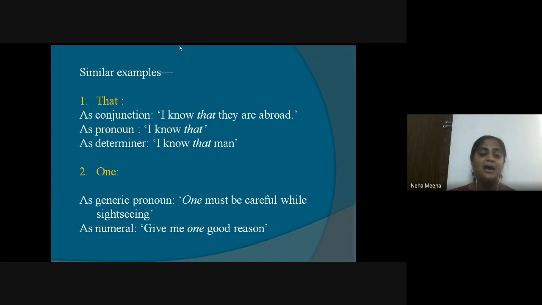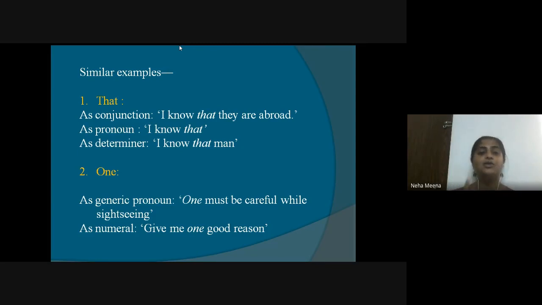As we talk about another word, "one": one is a single entity, but it can be used as a generic pronoun. It can be used for the public in general, for everyone. "One must be careful while sightseeing." Another usage is "give me one good reason".